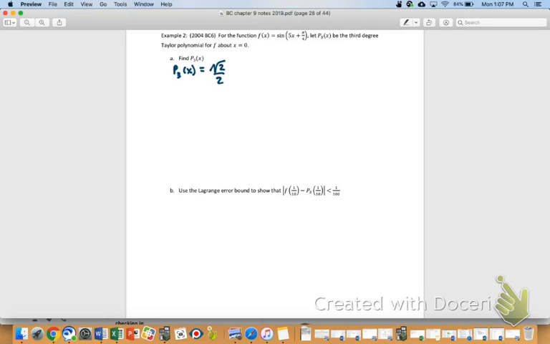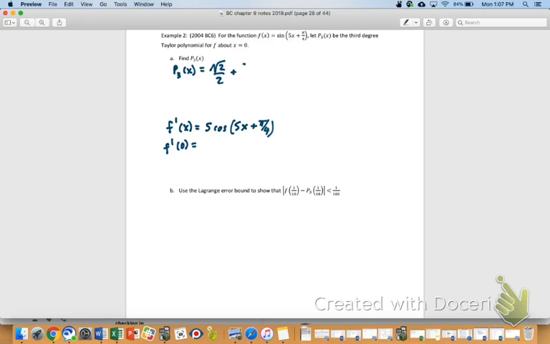So f prime of x is going to help me find my next term. f prime of x would be 5 cosine of 5x plus pi over 4. And of course, f prime of 0 would be 5 cosine of pi over 4. Do you guys get 5 root 2 over 2? Okay.